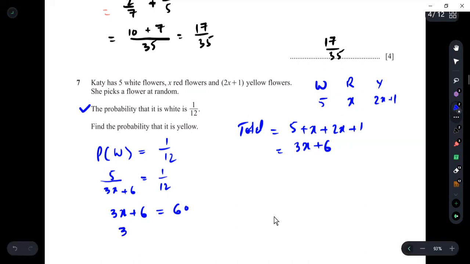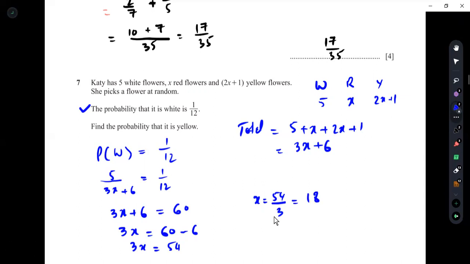Then taking 6 to the other side, 60 minus 6, 3x equals 54. So x equals 54 over 3, so x equals 18.